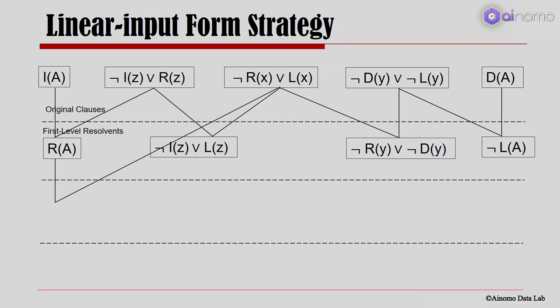So, I take R, and here is a clause in the base set that has a complement of R. So, I have L of A. Thereafter, I have I of Z or L of Z, and I look for a complement which is I of A in the base set. So, I have my second level resolvent.